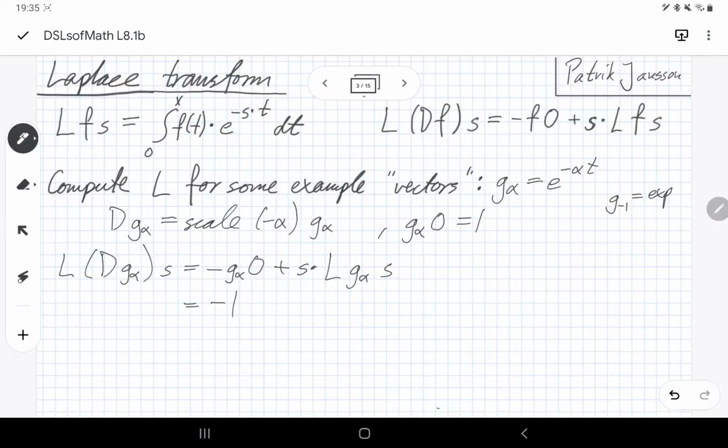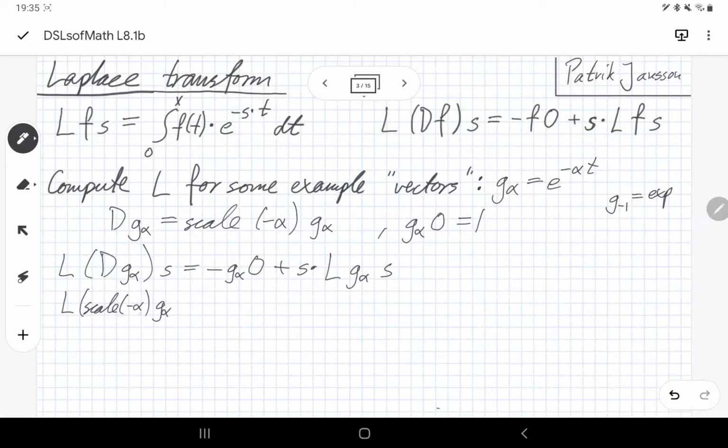And then the other side here, we get L of scale minus alpha of G alpha. Oh, I shouldn't have written the -1 first. Okay, there's too little space.